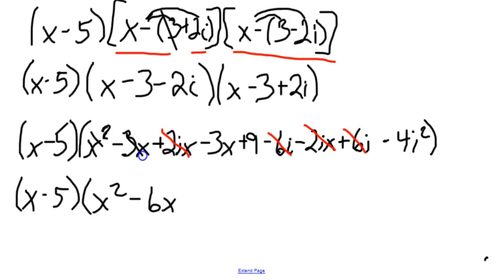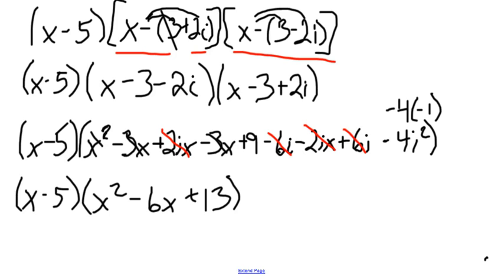So we got rid of those, and then we have 9, and then we have a negative 4i squared. Remember, this is the same as negative 4 times negative 1. i squared is a value of negative 1, so that's actually just positive 4. So 9 plus 4, we get plus 13 at the end.